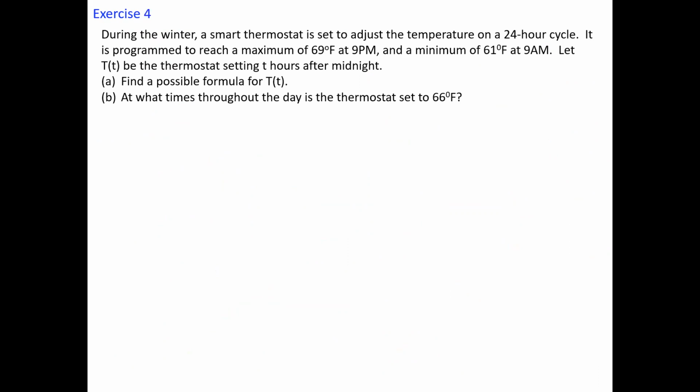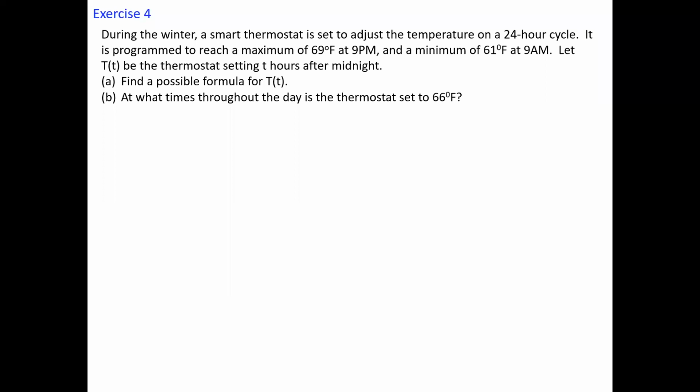Similar struggle. Let's see. During the winter, a smart thermostat is set to adjust a temperature on a 24-hour cycle. Again, period is 24. It is programmed to reach a maximum of 69 Fahrenheit at 9 p.m. Oh, big shift. And minimum 61 at 9 a.m. Let T of t be the thermostat setting t hours after midnight.